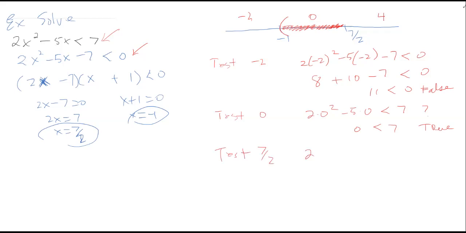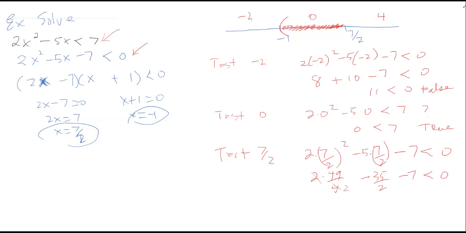So we got 2 times 7 over 2 squared minus 5 times 7 over 2. And again, I'll go back to that minus 7. So I got 2 times 49 over 4 minus 35 over 2 minus 7. So we got a little work here. This cancels, we got a 2.